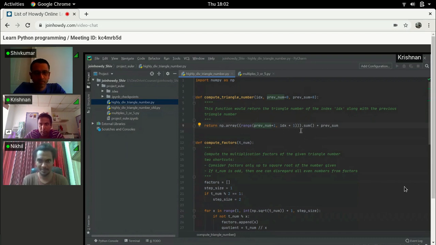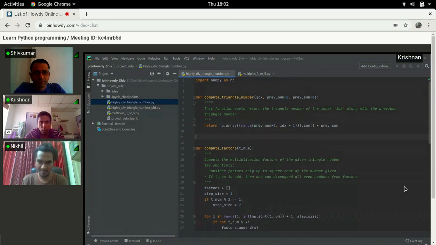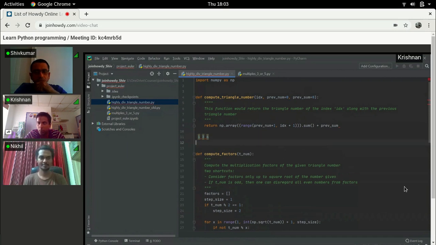And sum it. Essentially the idea is that you have 1, 2, and you get the sum until 1, 3, 6. Let's say you have this, and you want to compute the next one, which will be 10.